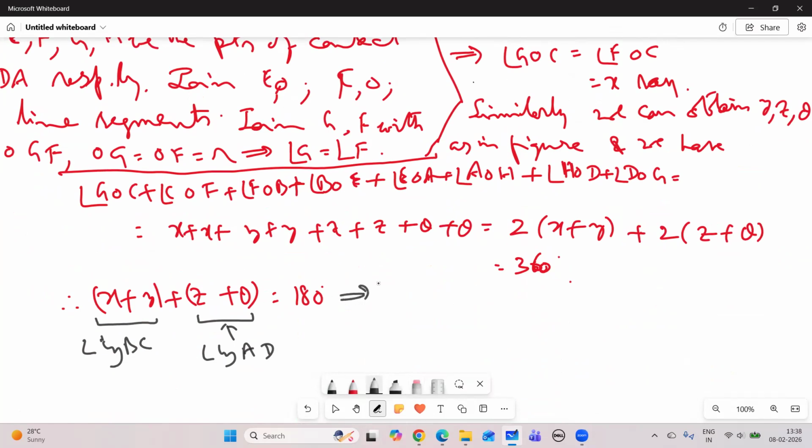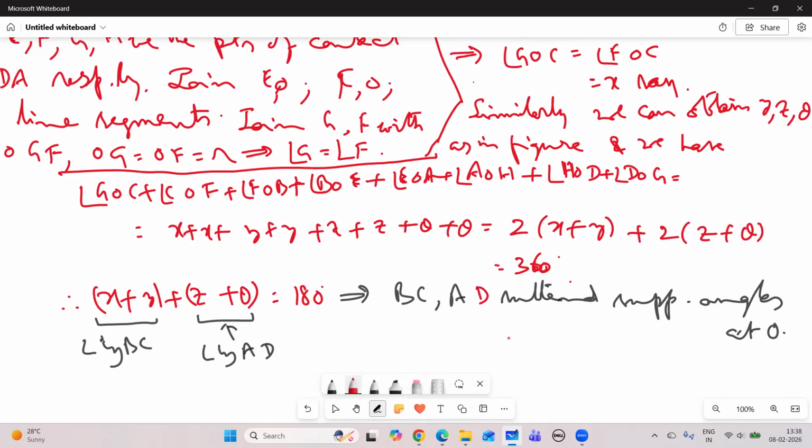So this implies BC, AD subtend supplementary angles at O. Means this is a pair of opposite sides, BC and AD.